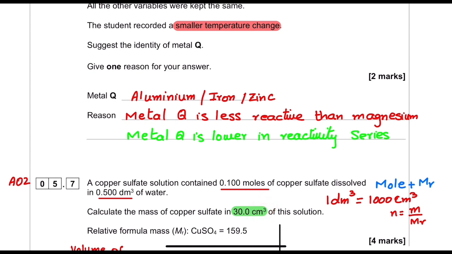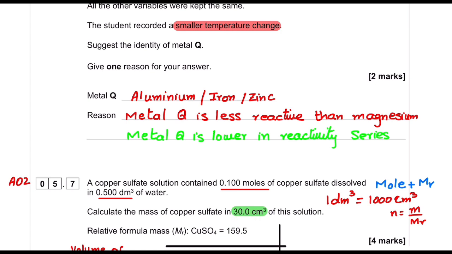We need to convert cm cubed units into dm cubed, and we know that 1 dm cubed is equal to 1000 cm cubed. We need to convert 30 cm cubed first into dm cubed. Second, we need to find the mass. Because we are already given moles, we need to find the moles of copper sulfate dissolved in 30 cm cubed.